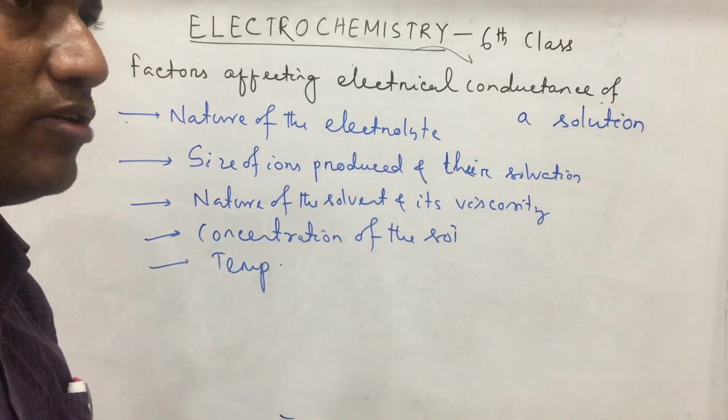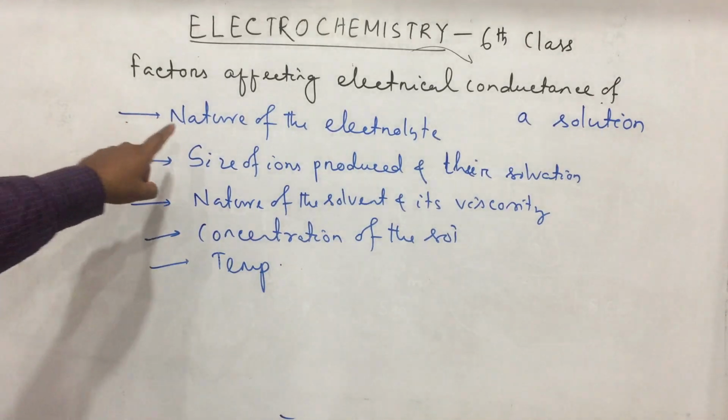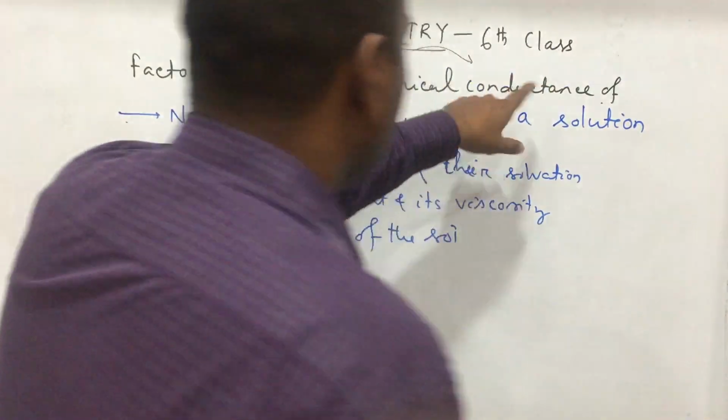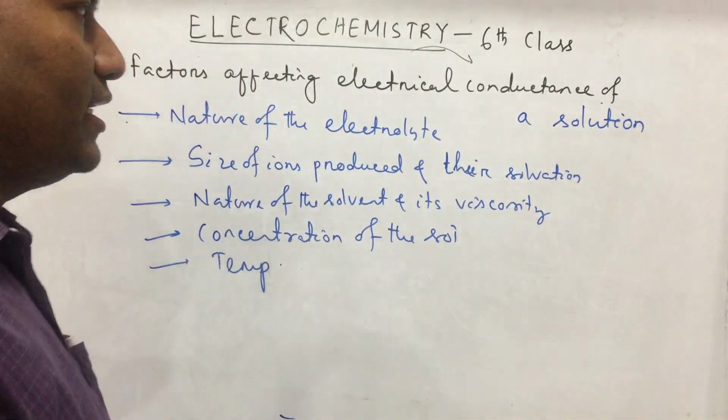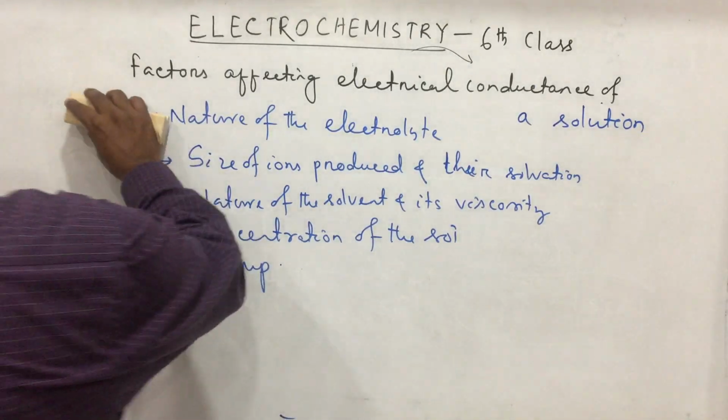When the electrolyte is strong, its conductivity is more. A strong electrolyte ionizes almost completely, and hence its conductance is very large. So for a strong electrolyte, conductance is more, and for a weak electrolyte, conductance is less. Clear? This is the first.